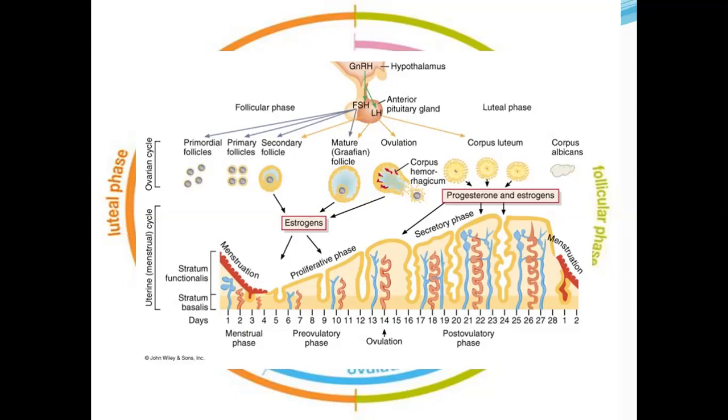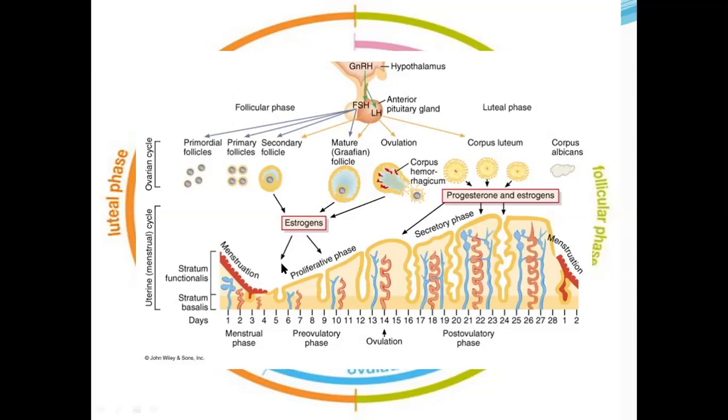Gonadotropic hormones are those hormones that stimulate gonads, and gonads are actually reproductive organs. So in this cycle, the gonadotropic hormones will stimulate the female ovary. Now we have two types of gonadotropic hormone here, FSH and LH: follicle stimulating hormone and luteinizing hormone.